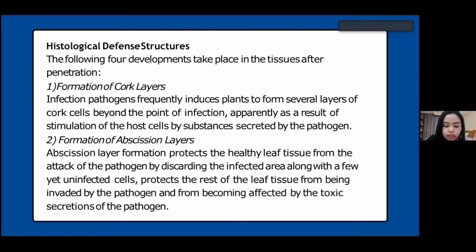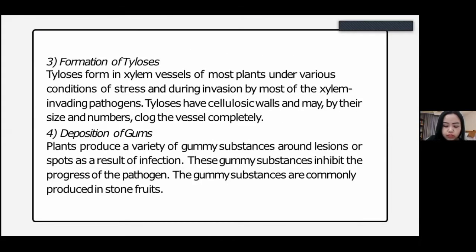Abscission layer formation protects the healthy leaf tissues from the attack of the pathogen by discarding the infected area along with a few yet uninfected cells. This protects the rest of the leaf tissue from being invaded by the pathogen and from becoming affected by the toxic secretion of the pathogen.